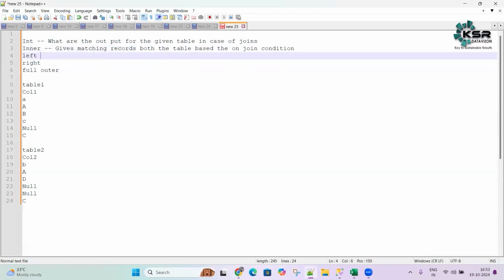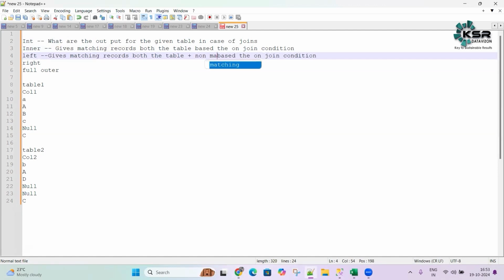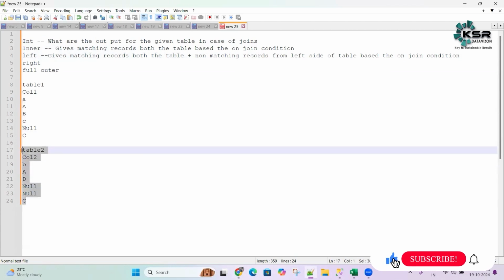Whereas a left outer join, the same thing happens. It gives the matching records from both the tables plus non-matching records from the left side of the table. So what is this left side? Suppose we have this as table one and this as table two.